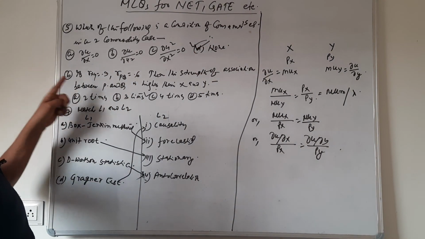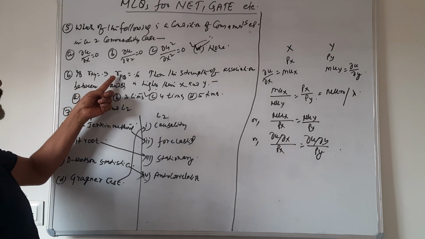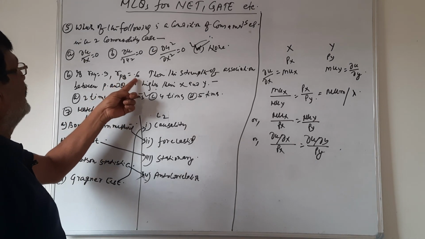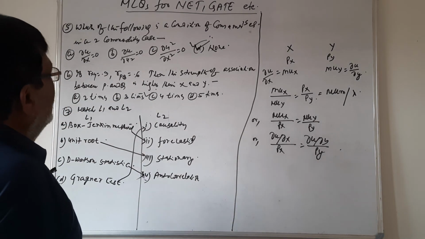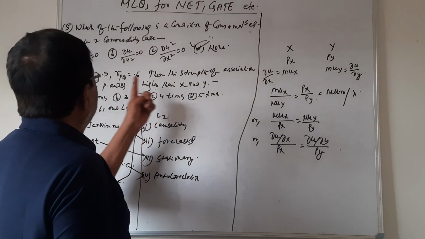Question number 6. If the correlation between X and Y is 0.3 and the correlation between P and Q happens to be 0.6, then is the strength of association between P and Q higher than X and Y?